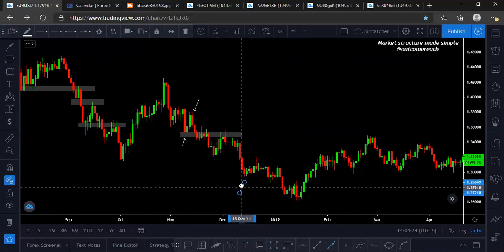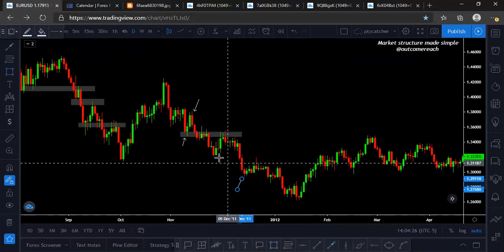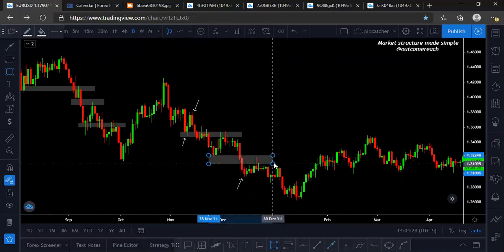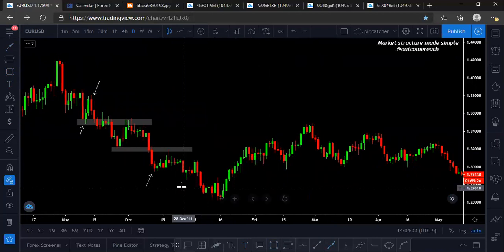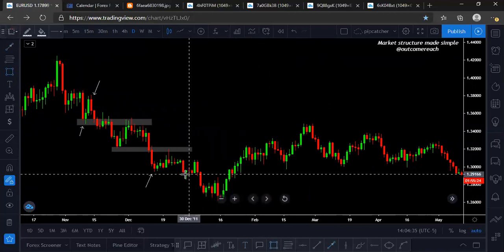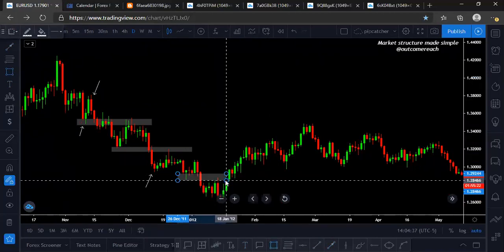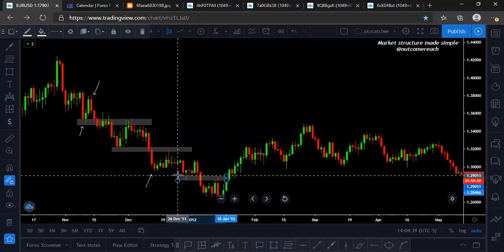We have a new low right here, retesting structure. You can see even down here, we have a new low, retesting structure.